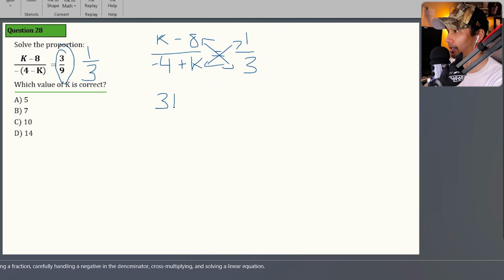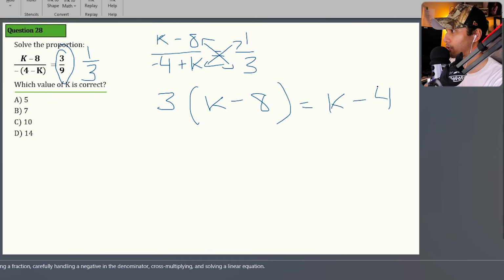So we have 3k minus 8. I'm going to put this in parentheses. I went ahead of myself there. So we have 3k minus 8, and then equals k minus 4.